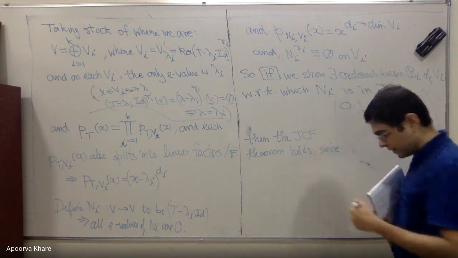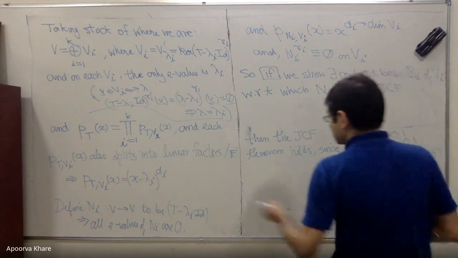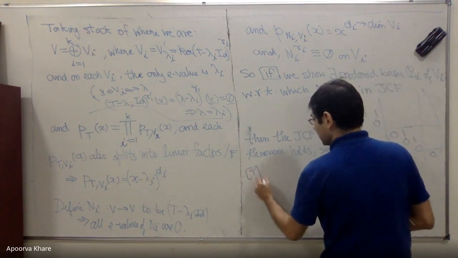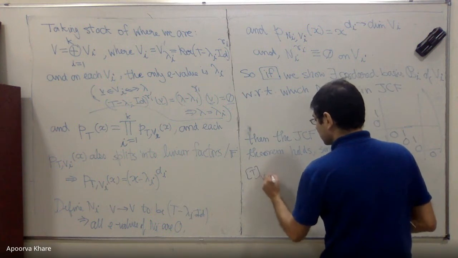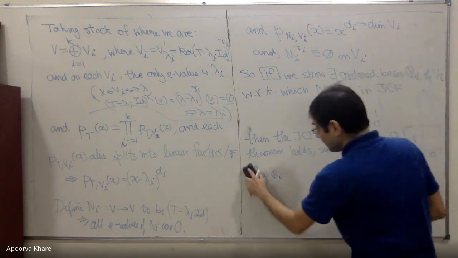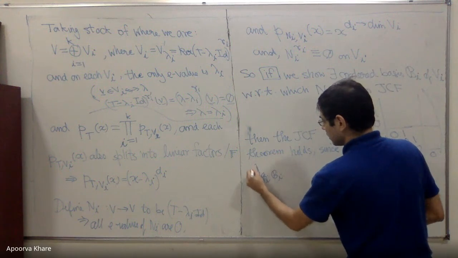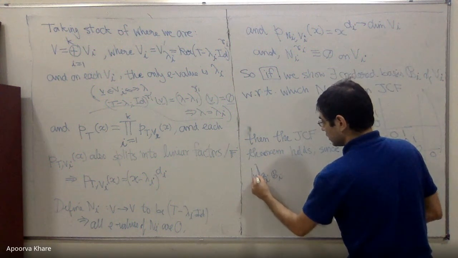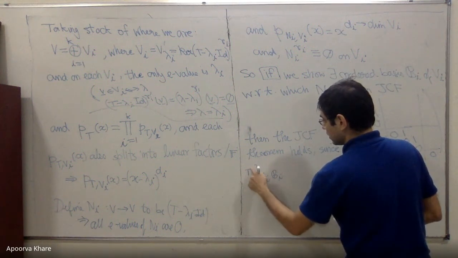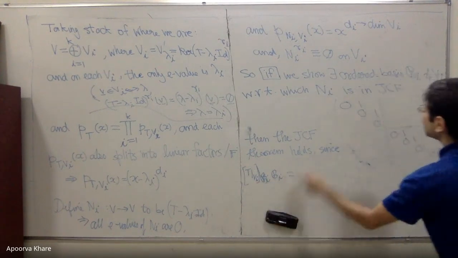Since every single T restricted to V_i, with respect to B_i, would then look like the same thing.